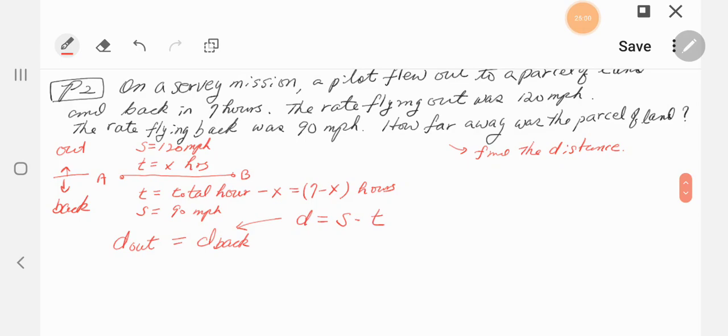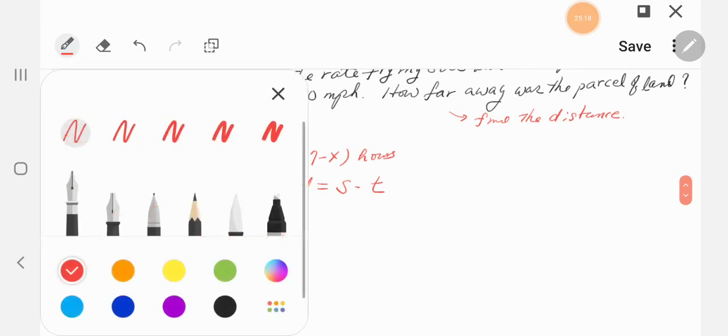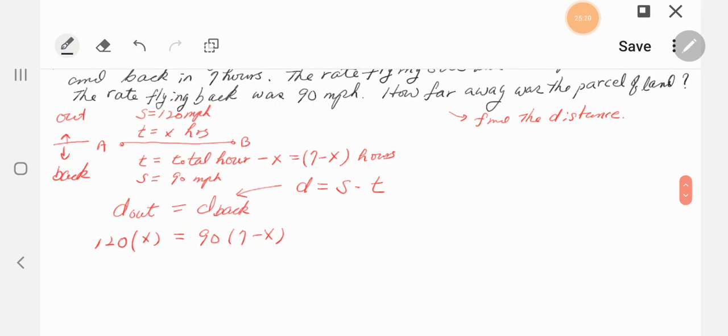So we apply this. When you go out, the speed is 120, and the time is X hours. When you come back, the speed is 90 miles per hour, and the time is 7 minus X hours. X is the time it took when you go out.